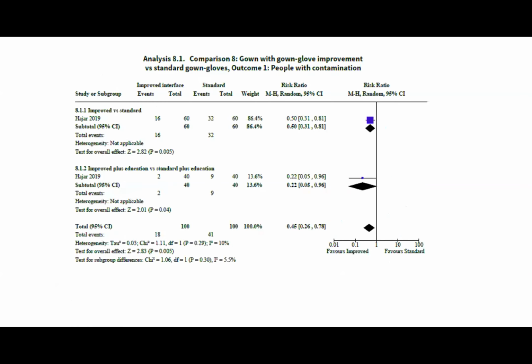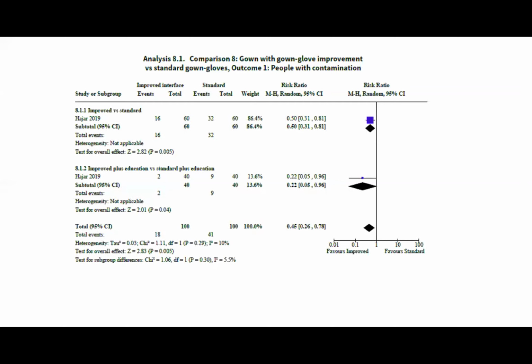And this is the forest plot that comes from this specific review example. If you look at this review, there are many analyses that they've completed. This particular forest plot is where they compared gown with gown glove improvement versus using standard gown gloves.